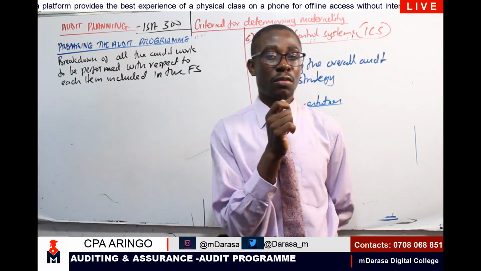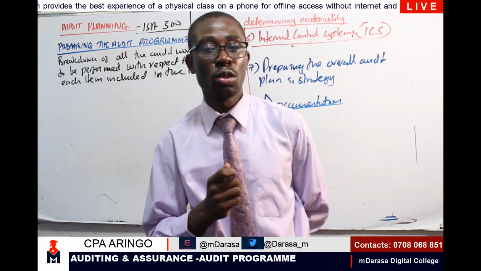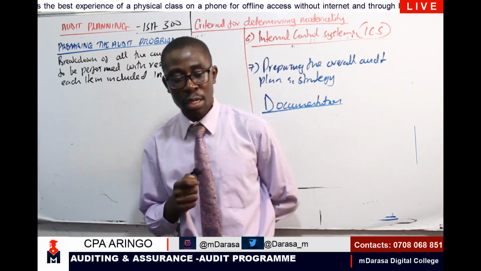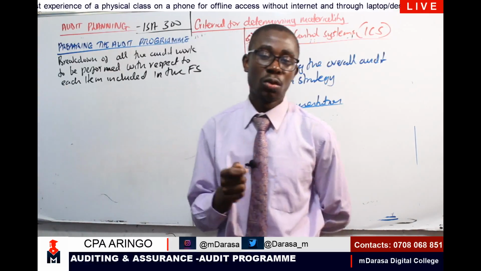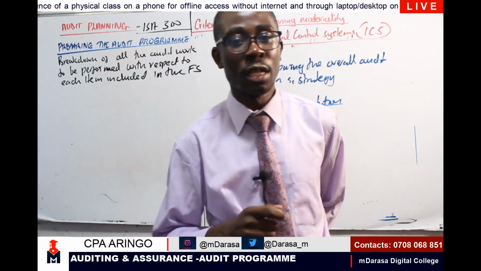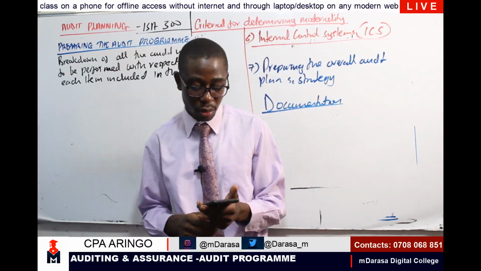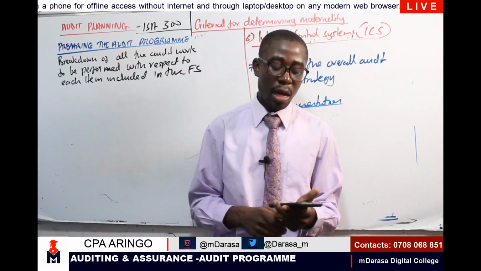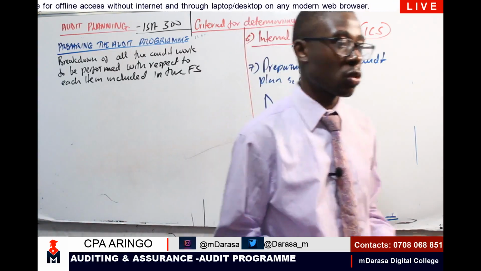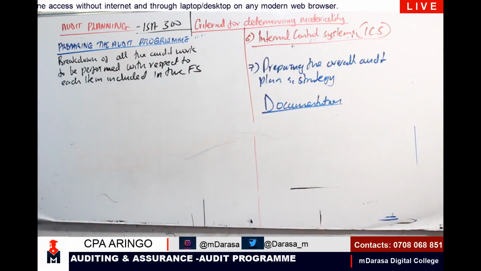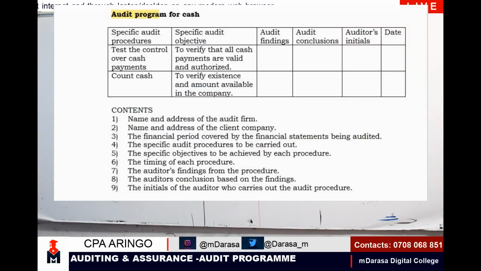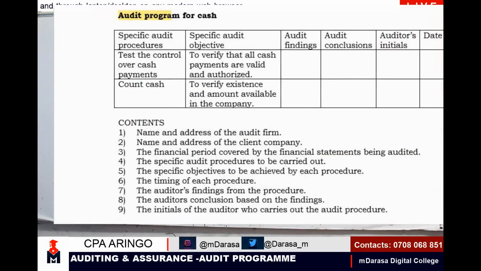Say, for example, if it is debtors, I should come up with the audit program for debtors. If I am looking at cash, I should come up with the audit program for cash. To do this, I want to show you a very simple example of an audit program in terms of cash. Look at this case, whereby this is an audit program for cash.